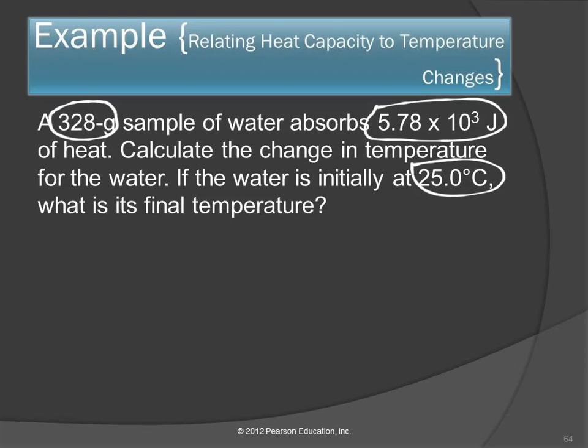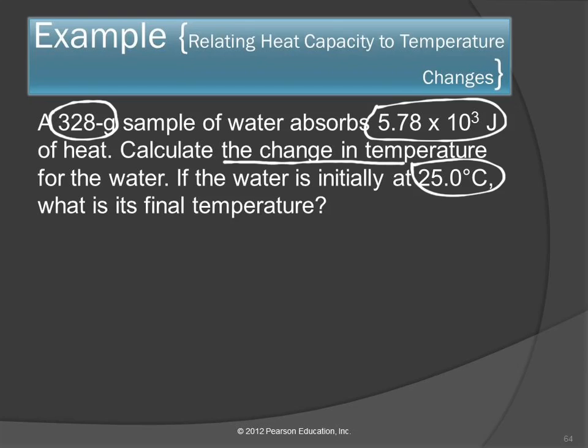They're asking for TF, and they're asking for the change in temperature. Here, they're kind of giving us a hint. This is like, I think it was the second one where we were solving for the final temperature. So here they're giving us a hint: calculate the change first, and then figure out what the final temperature is.